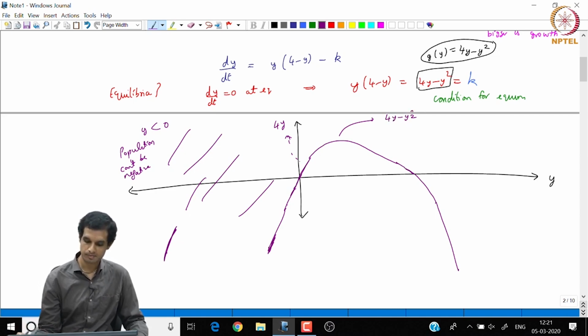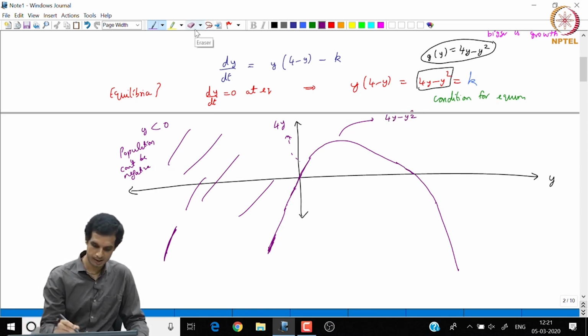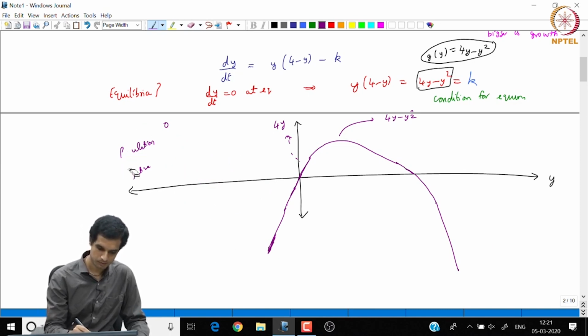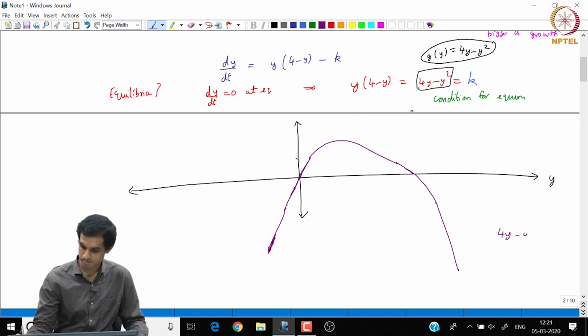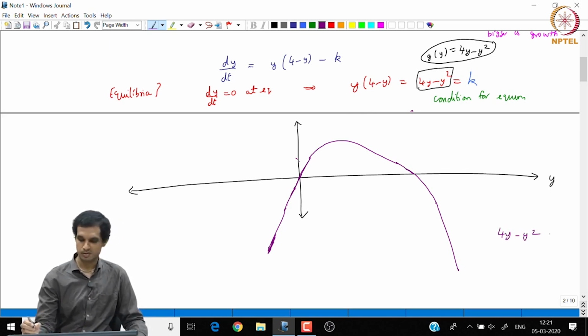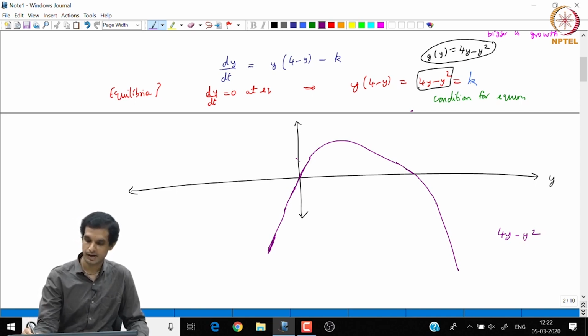Now, for equilibrium, let me erase these unwanted things. This is the graph of the function 4y minus y square. For your reference, I am writing the function name. Now, for equilibrium, this has to intersect k.